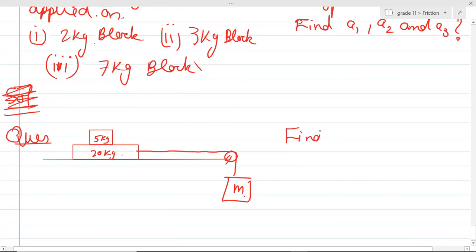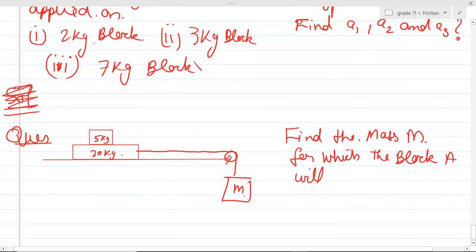Now the question is, find the mass capital M for which the block A will just start sliding over B. Please remember, if block A is just sliding over B, then this block is A and this block is B. The block A will be just sliding over block B. Is this clear?